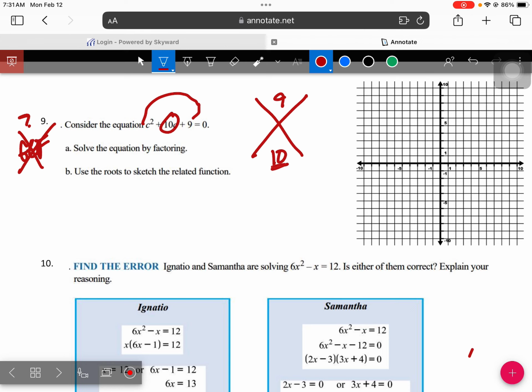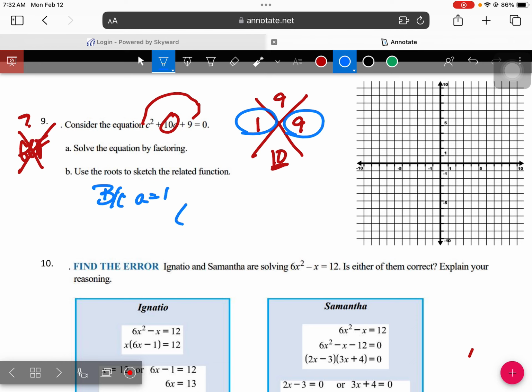Because my b value is larger than my a times c, what are my factors going to be? 1 and 9, right? Since a is equal to 1, I can just put these in as the roots.